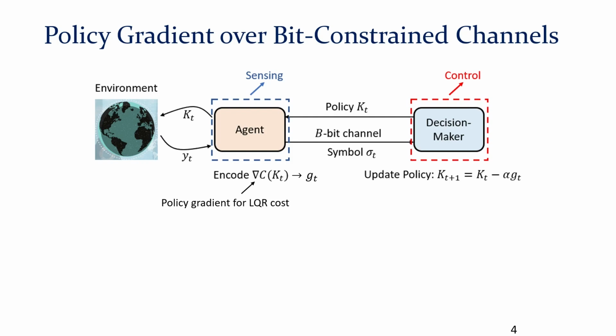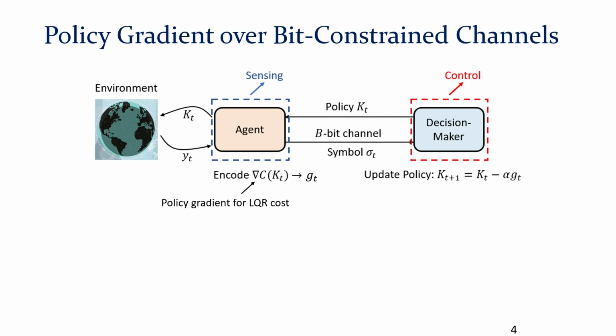You can think of this agent as some low-level robot that gets to explore this policy in this world. And we'll assume that based on the observations returned by this environment, the agent is in a position to compute the exact noiseless policy gradient. Now, when the agent tries to send this policy gradient over to the decision maker, it again encounters this B-bit channel.